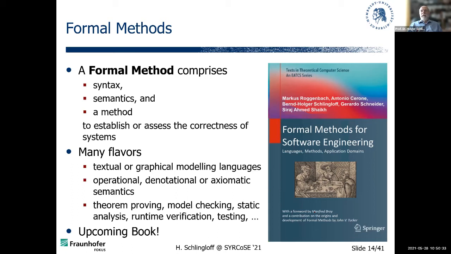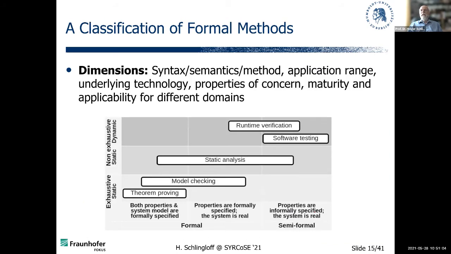And of course, formal methods come in many flavors: textual or graphical modeling languages with different types of semantics, operational, denotational, axiomatic semantics. And there are very many methods being proposed: theorem proving, model checking, static analysis, runtime verification, testing, and so on. You can find much more in this book, but you can also find some classification of formal methods in this article, which I referred to and which I'm reporting about today.